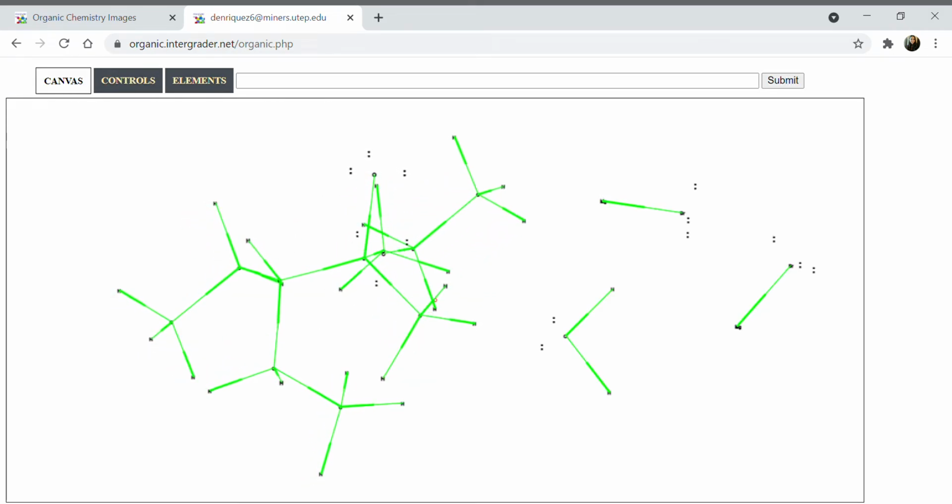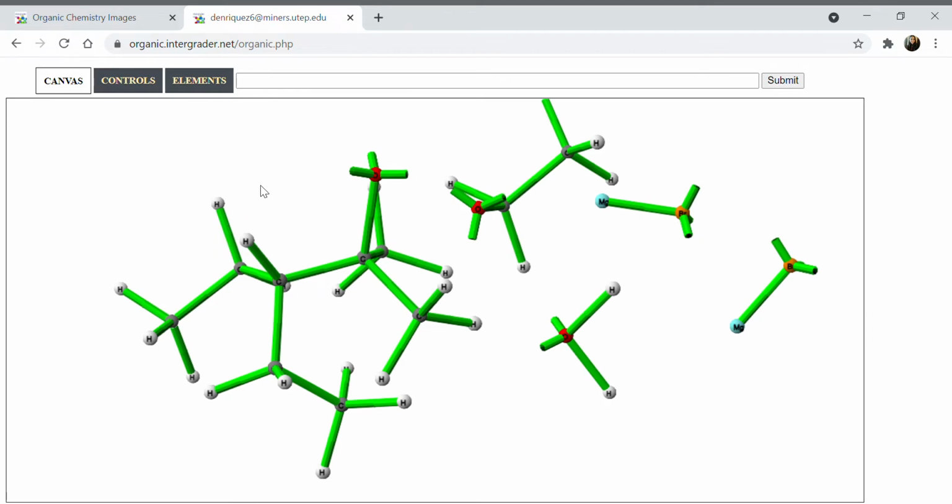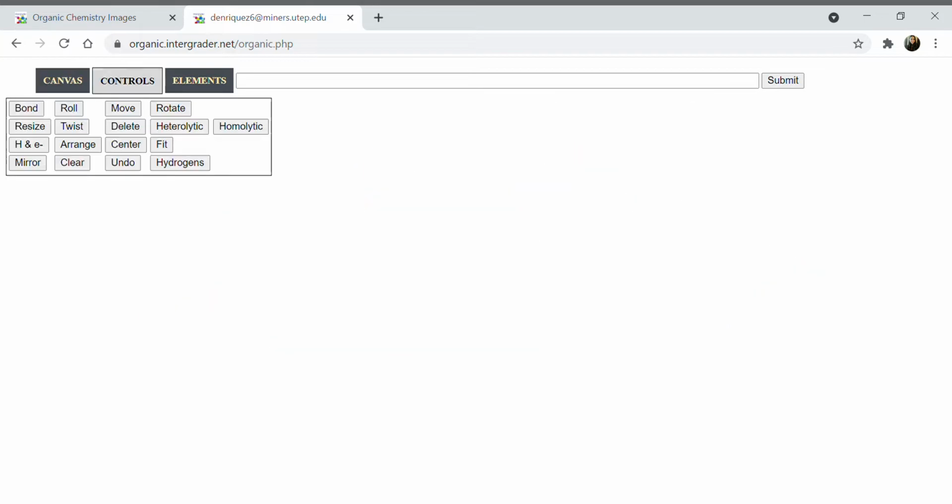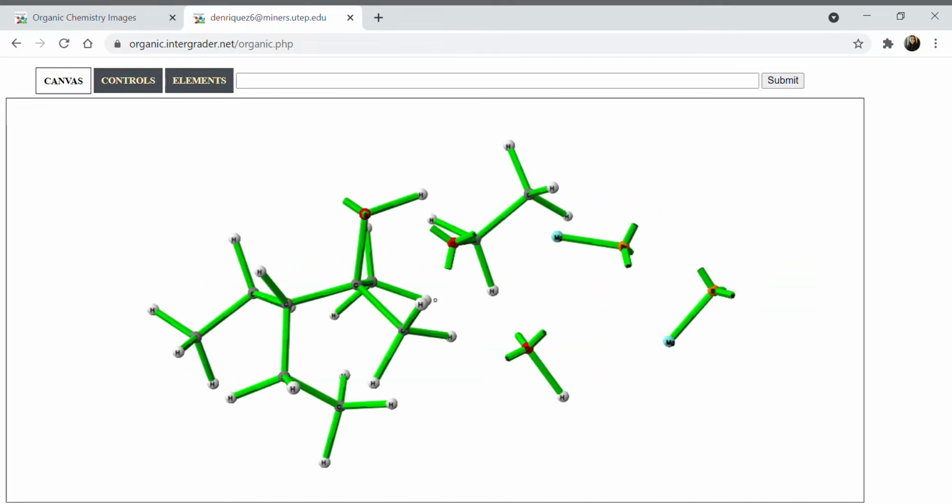Let's see if I can move this over. So I have my 2 R groups, the 2 methyls, and then this R group. And I need to just add a hydrogen. So I'll try to take an easy one. Okay. And then I'll go ahead and delete everything else on my canvas.